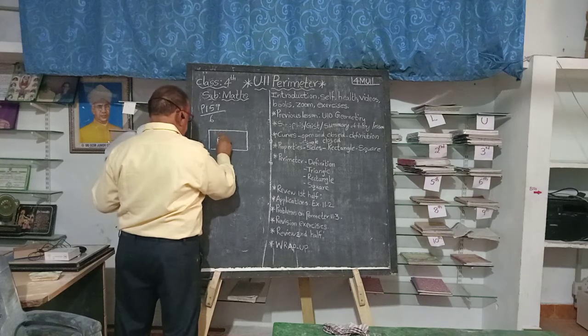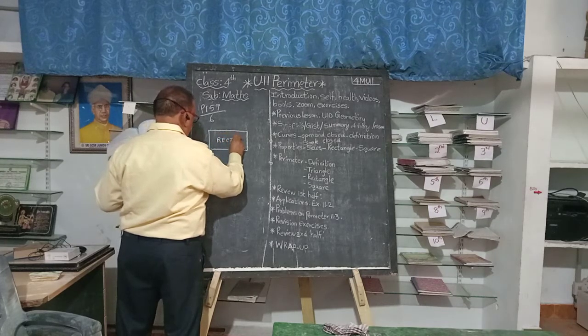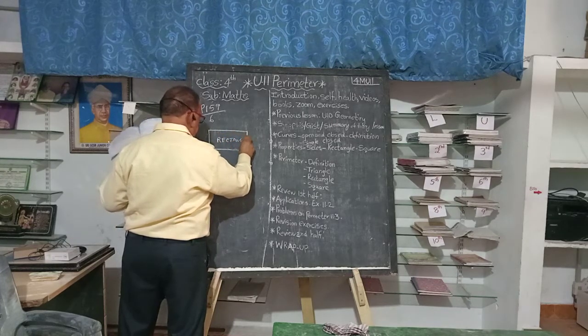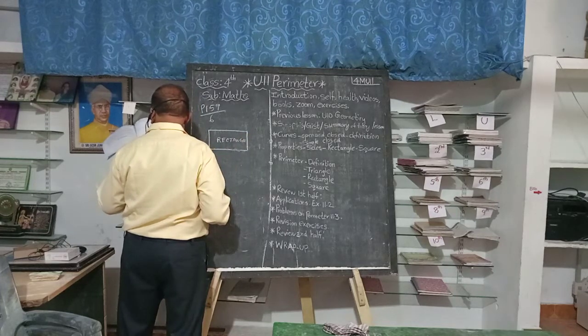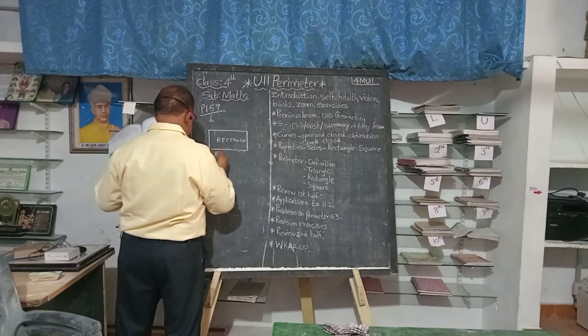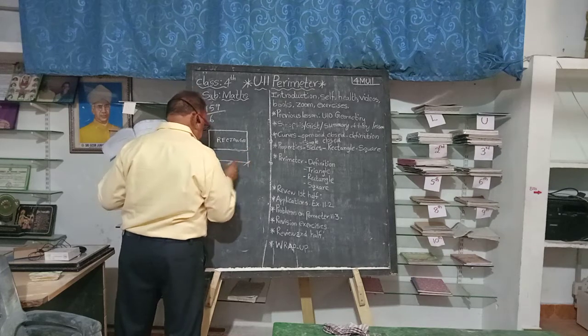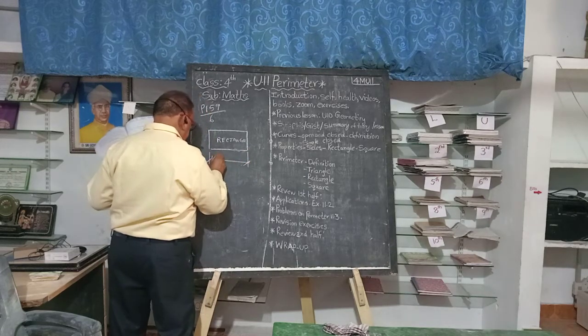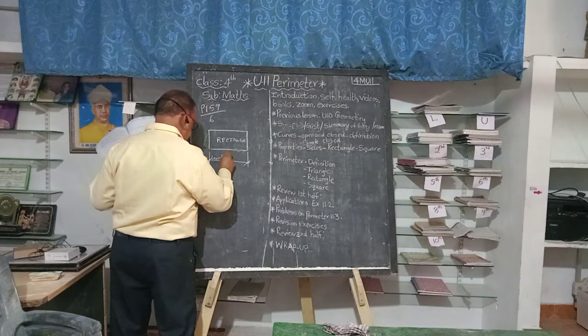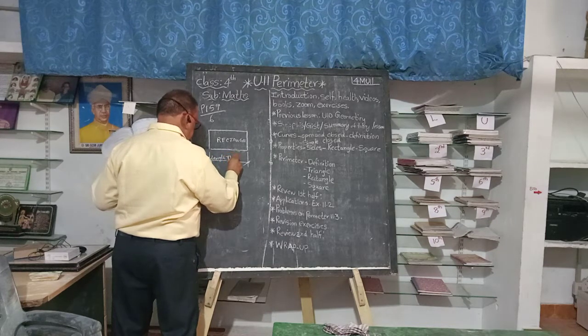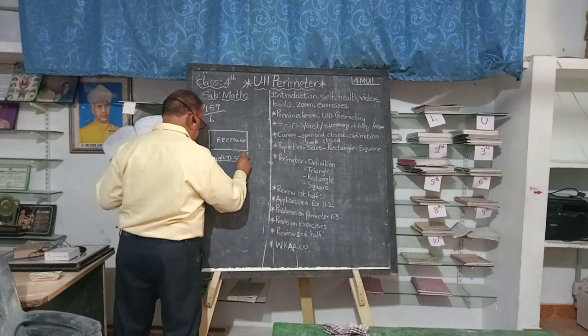So you write here a rectangle. Rectangular plot which is 56 meters long. Length L is equal to 56 meters.